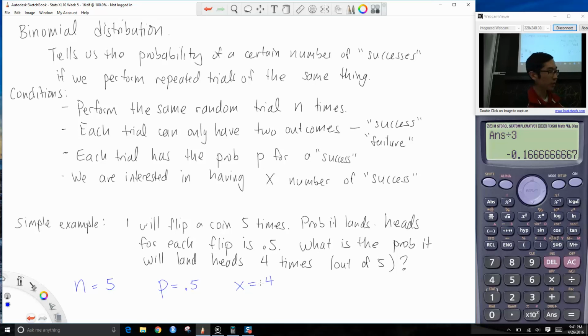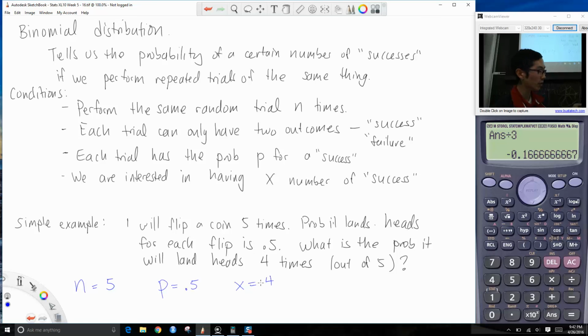The way we look this up, we look in the order n, x, and then p. We start with n is 5. Right next to that, you have the column of x's, which go 0, 1, 2, 3, 4, 5. Within that group, we go to the row that says 4.